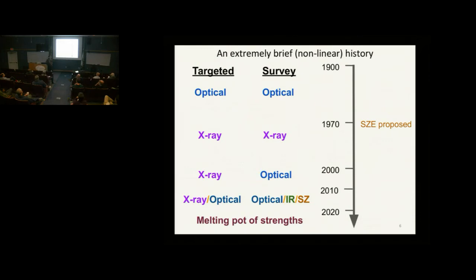We didn't know whether things were in our own galaxy or outside that. So optical really dominated until you have an X-ray instrument launched. And that's Uhuru in 1970. You didn't necessarily know that when you saw X-ray emission, that was a galaxy cluster. But pretty quickly, they caught on.